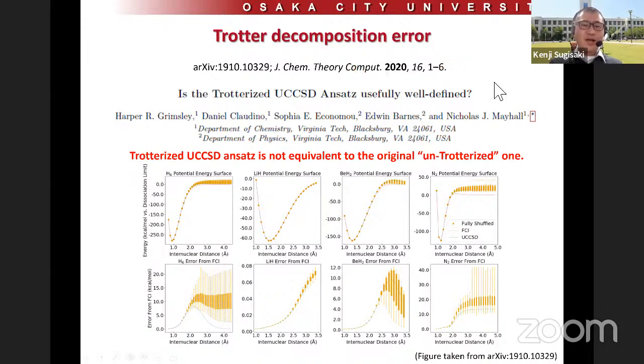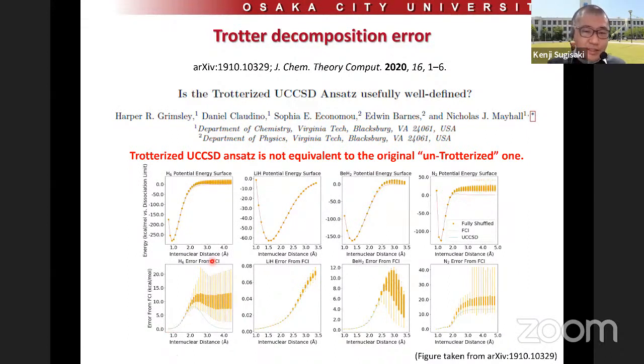In this paper, they apply Trotter decomposition to perform the UCCSD calculation with different ordering of the terms and estimate how the energy changes with the ordering of the terms. The result is something like this.